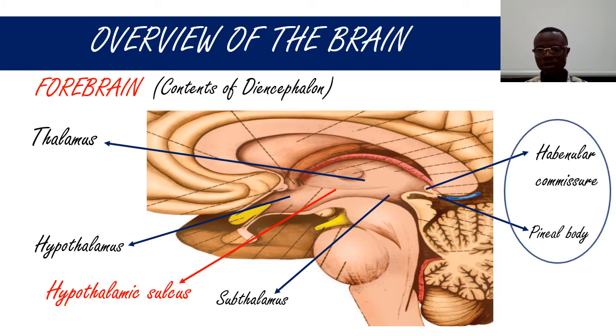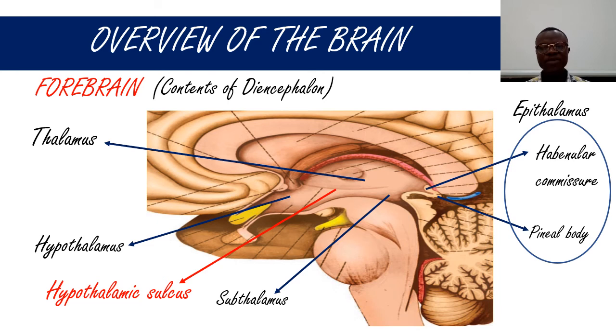These two structures here are referred to as the epithalamus. So, to conclude, the diencephalon is made of primarily four basic structures: the thalamus, the hypothalamus, the subthalamus, and the epithalamus.